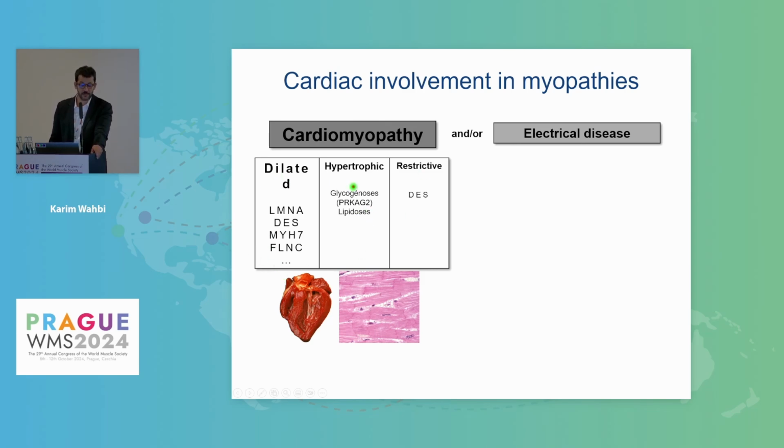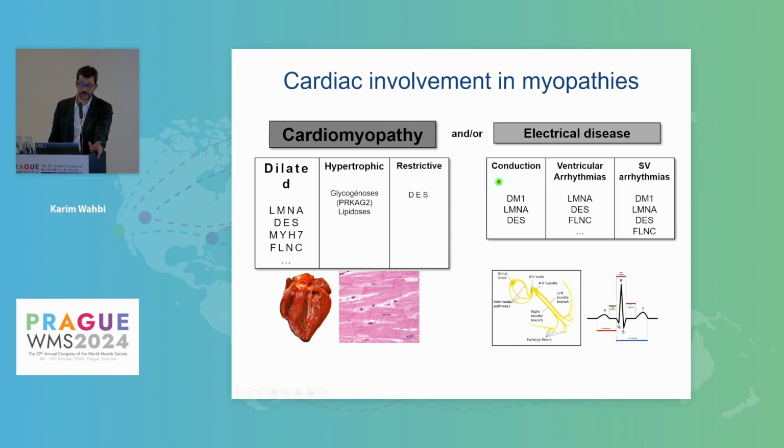Hypertrophic cardiomyopathy can be seen as well, but it's far less prevalent, mainly in metabolic conditions, mitochondrial diseases, and other metabolic diseases. Restrictive cardiomyopathy is quite exceptional. We can see it mainly in myofibrillar myopathies such as desminopathies.